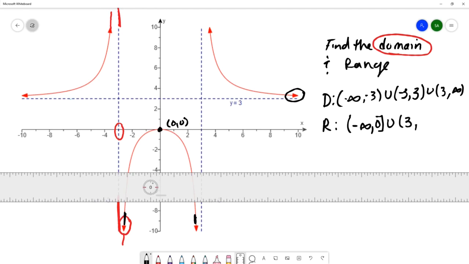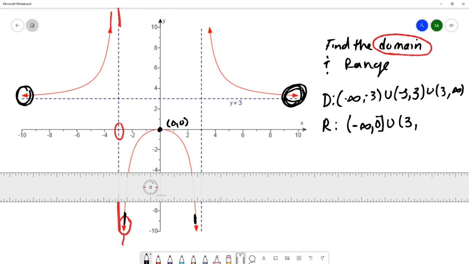And this time you'll notice that I put a parenthesis on the 3. There is no ordered pair with a y value of 3 on this graph. This portion of the graph here gets closer and closer to y equals 3 but never reaches it. This portion here gets closer and closer to 3 but never reaches it.